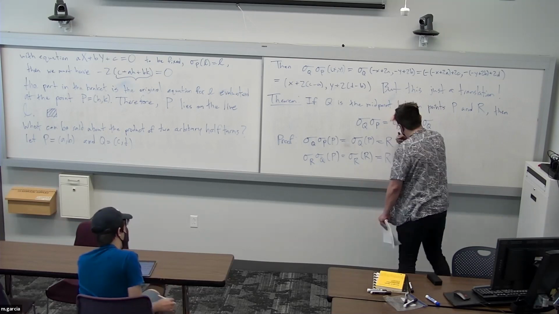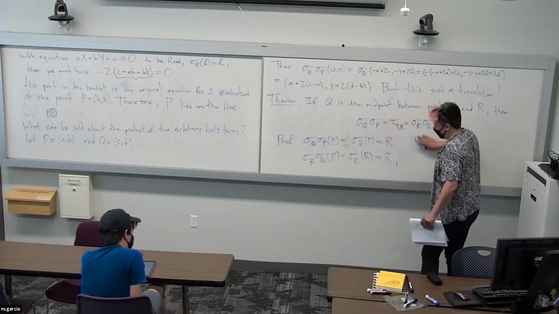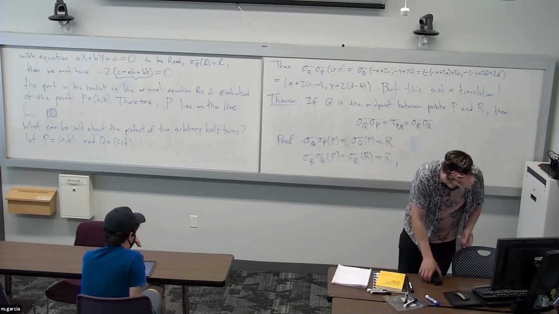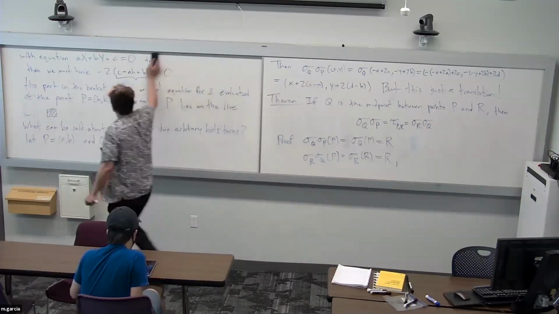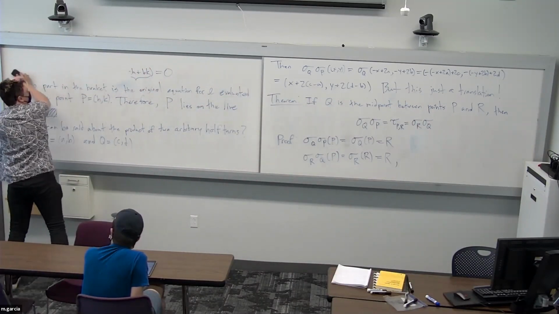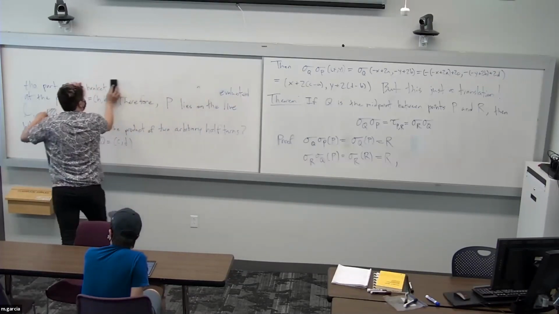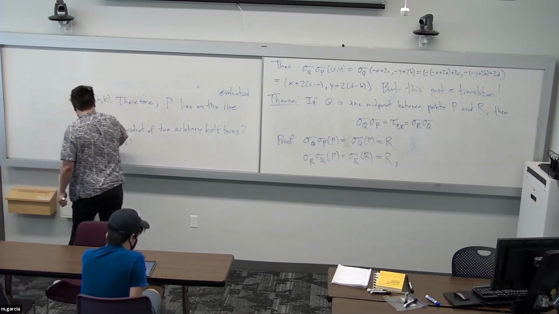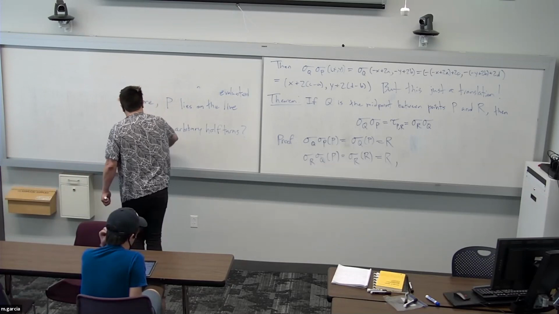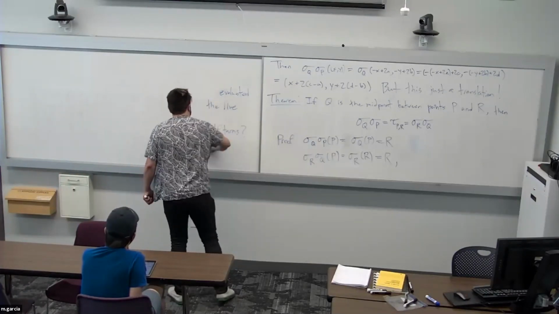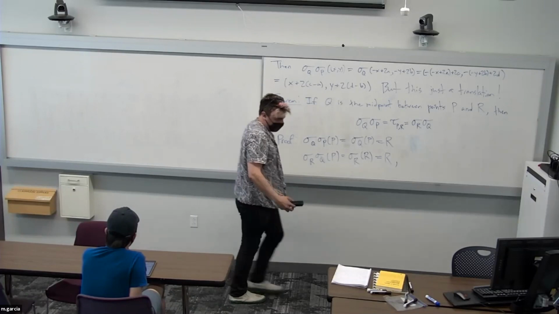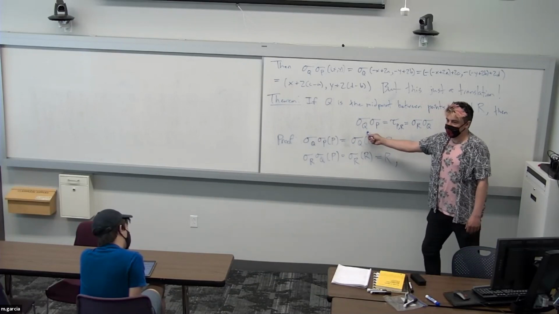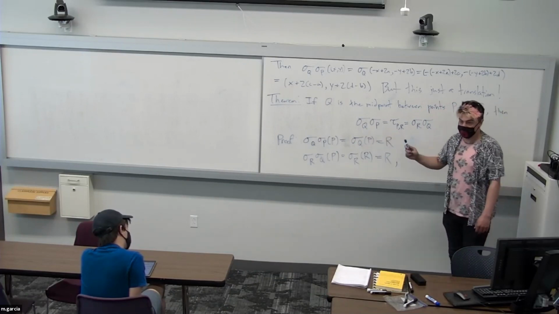Now, I guess I should write this on the next board. Try to save space, but I don't want to be confusing. Okay, so we just showed that the product of two arbitrary half turns must be a translation, right? So that is to say, both the far left and the far right are translations.